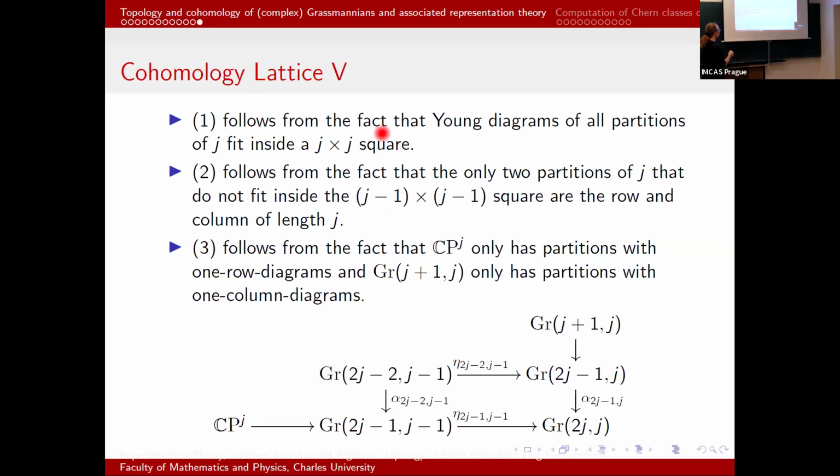From the fact that all partitions of J fit inside the J times J square, we can deduce that the cohomology lattice stabilizes from the position 2J,J.